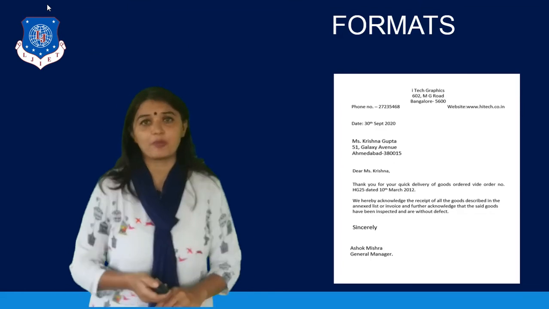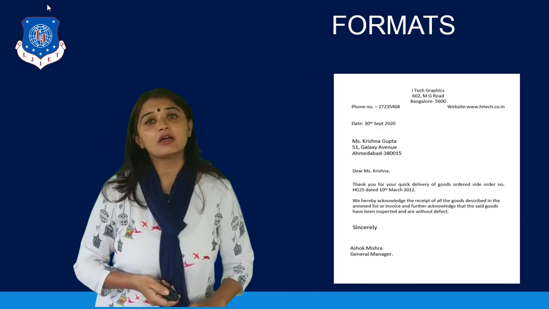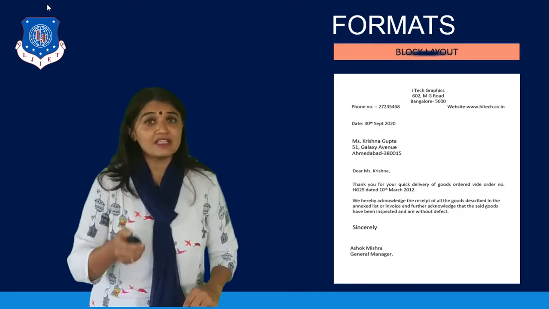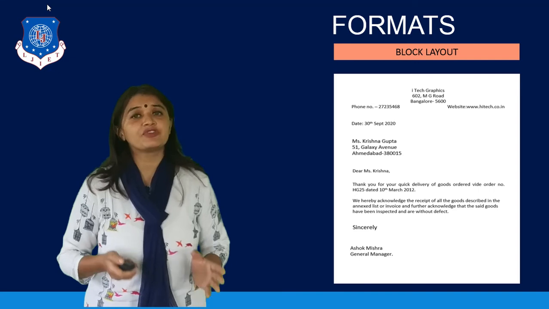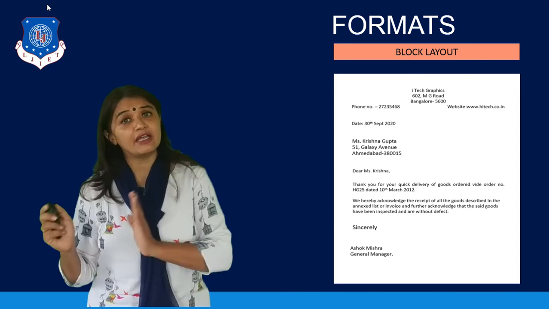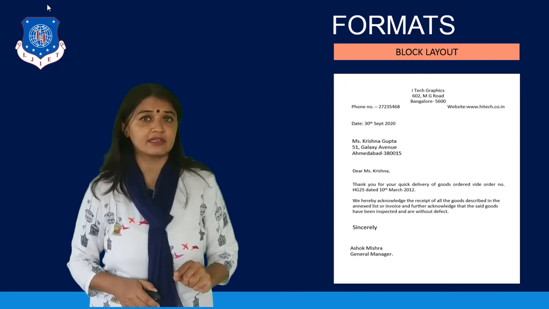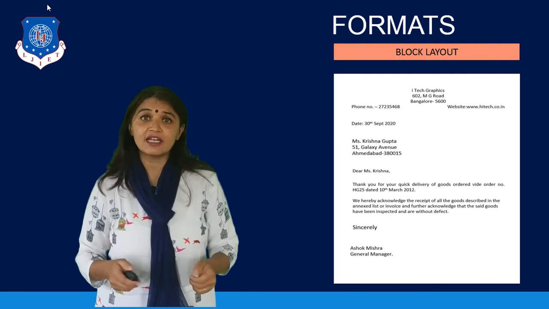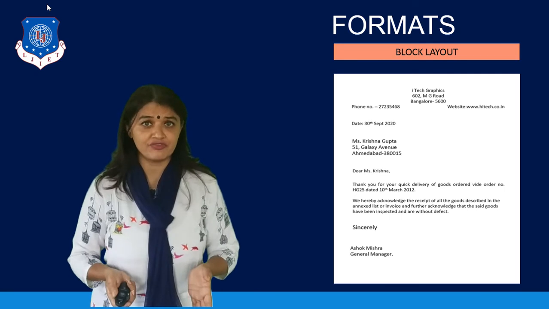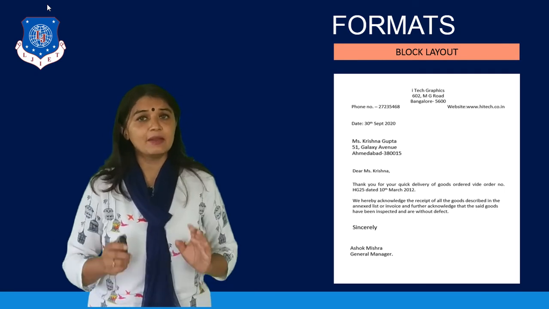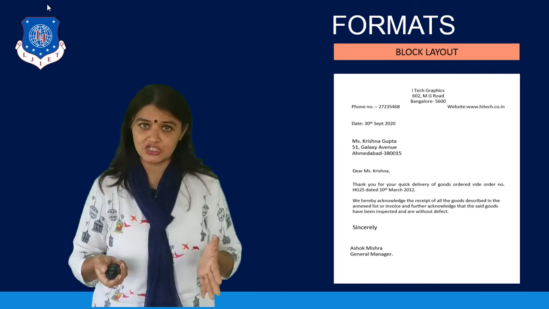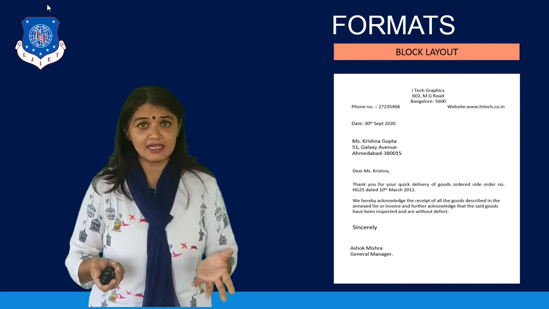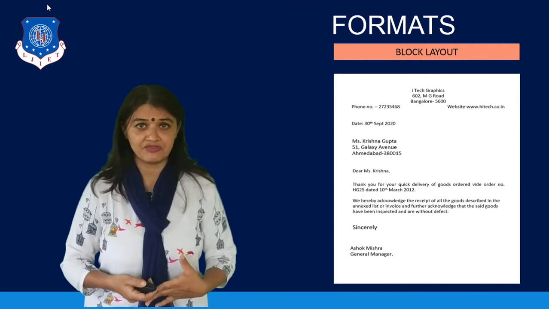This is the first format, and this is called the block layout. Now as you can see, all the elements of the block layout are justified to the left margin except for the letterhead or the heading. Now the letterhead or the heading may be centrally justified or left justified depending on the preference of the organization. If it is pre-printed, then it will definitely be centrally justified.